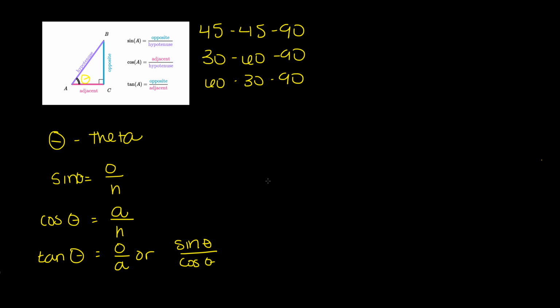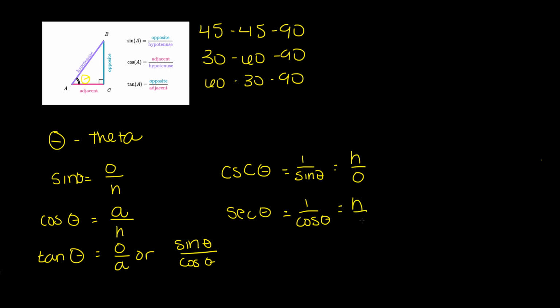All right, then we have what's called the cosecant, CSC theta. This is basically the reciprocal of sine theta, which is going to be hypotenuse over opposite. We have secant of theta, which is going to be the reciprocal of cosine, which is equal to the hypotenuse over the adjacent.